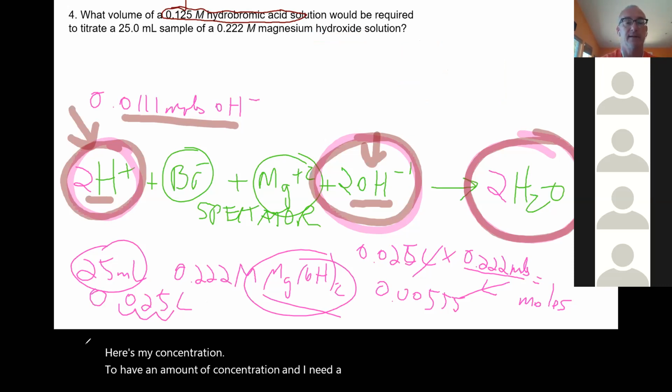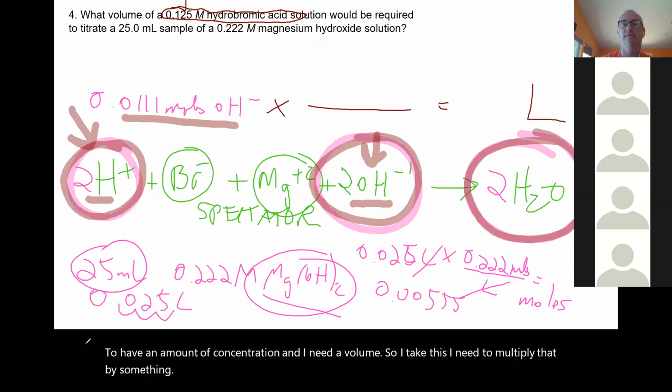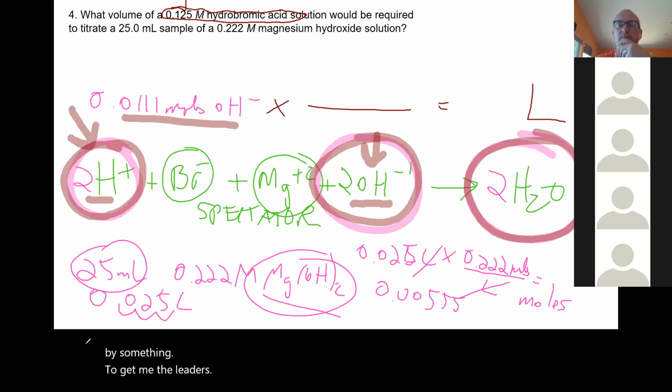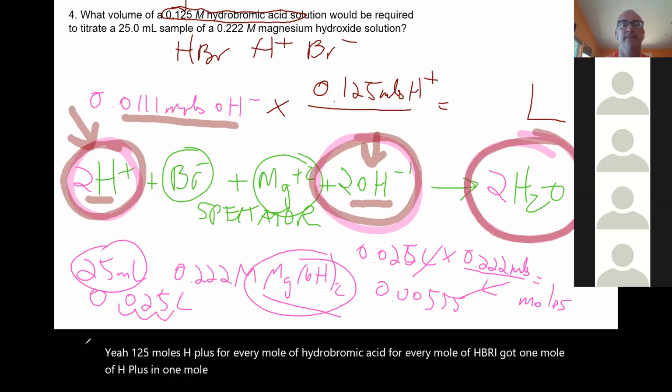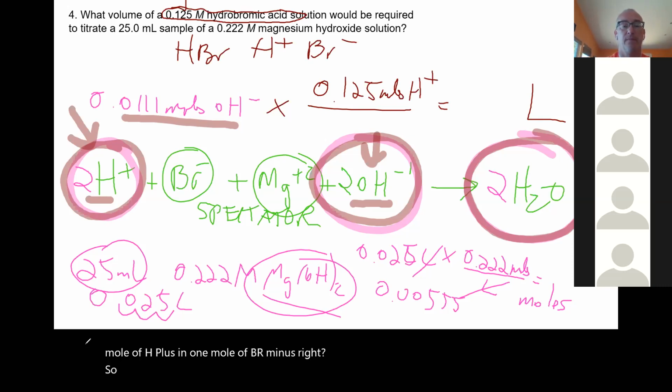So I take this, and I need to multiply that by something to get me to liters. 0.125 moles over liters. Yeah, 0.125 moles of H plus, because for every mole of HBr, I get 1 mole of H plus and 1 mole of Br minus, right? So the concentration's the same over 1 liter.